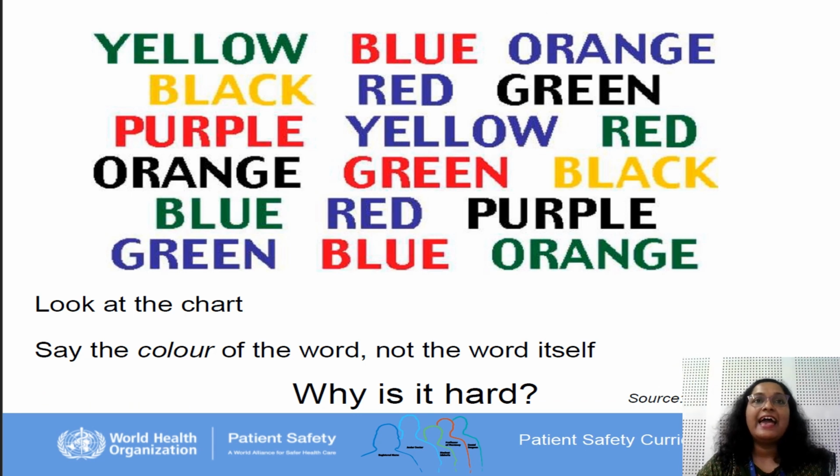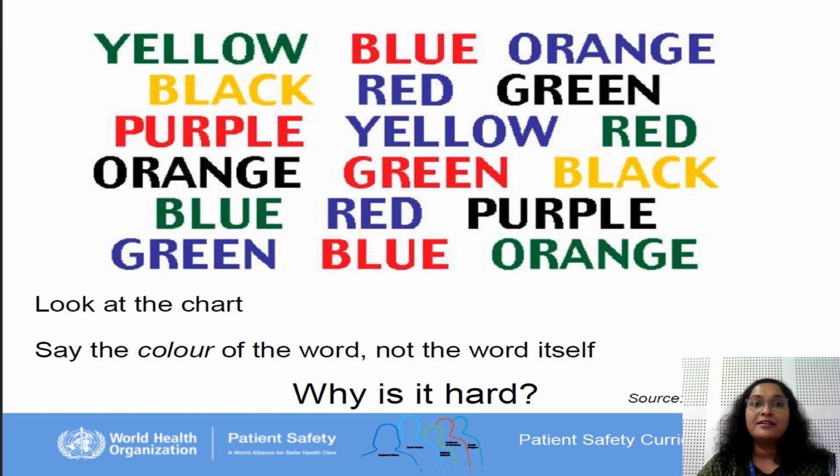Look at this. Have you ever heard of the Stroop effect or the Stroop test? It is a test of cognitive interference and our brain's ability to process information. So the reader is instructed to read the color of the print of each word, not the word itself.